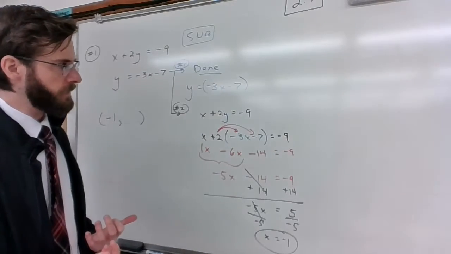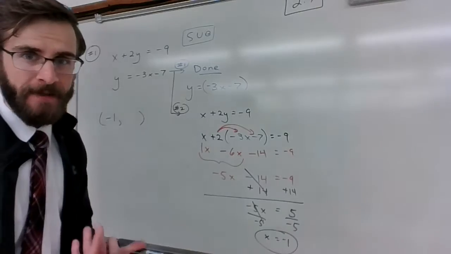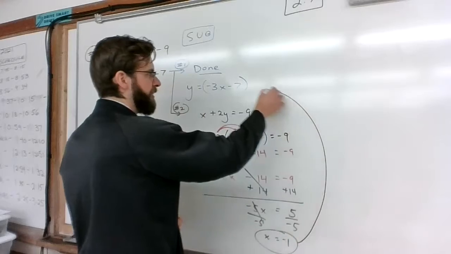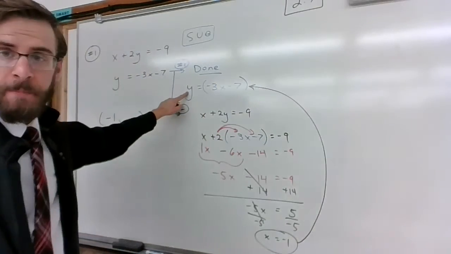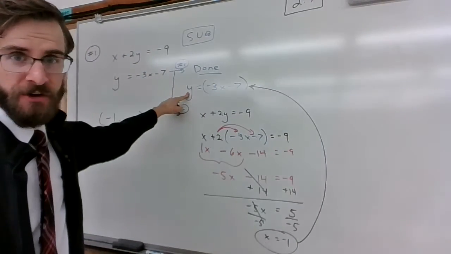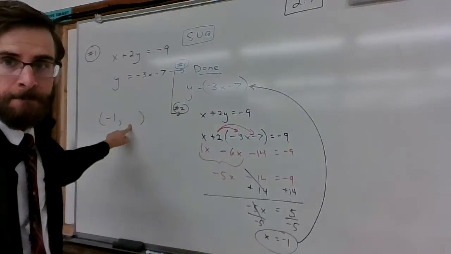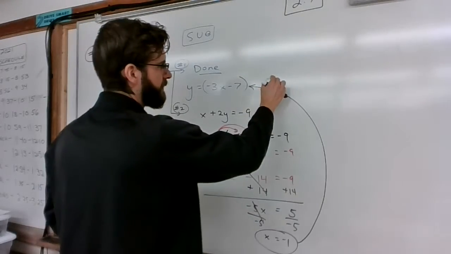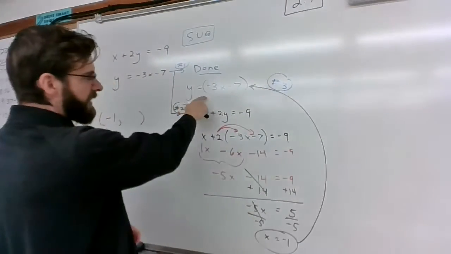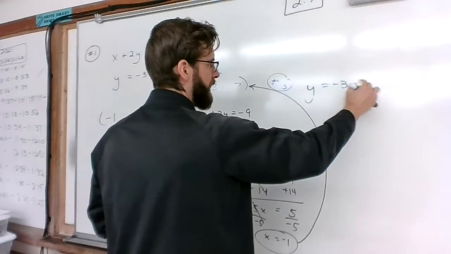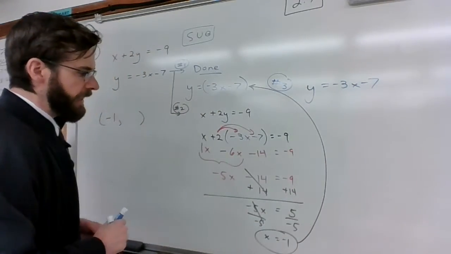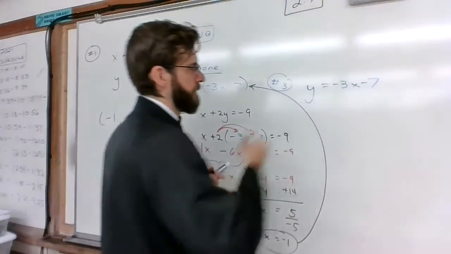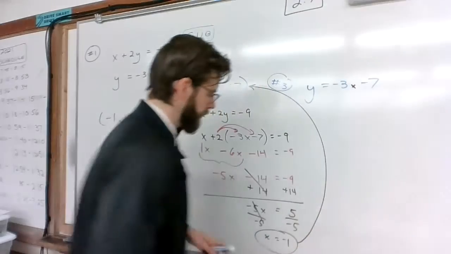Now, that something can most easily be gotten by taking what you had here and plugging it into this equation right here, because y is already by itself. So if y is already by itself and I'm trying to solve for y, stands to reason that I should, on step 3, take y equals negative 3x minus 7 and replace this blue x with the black x down there, which is negative 1.